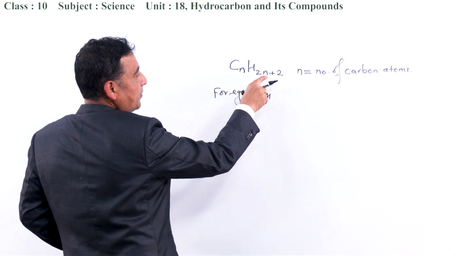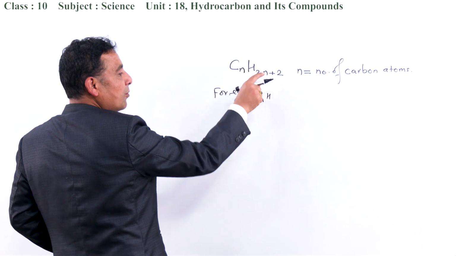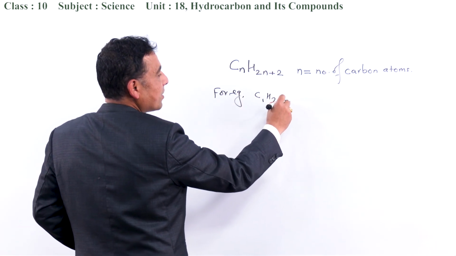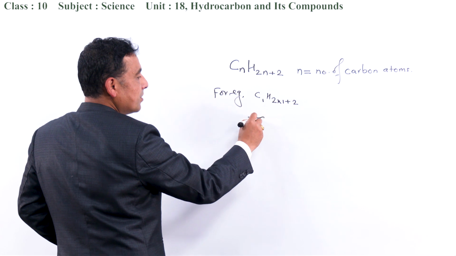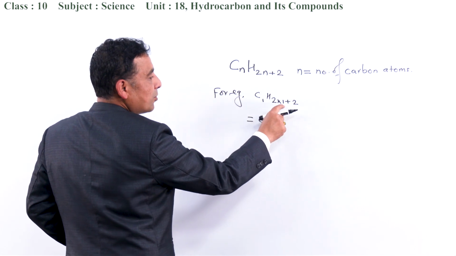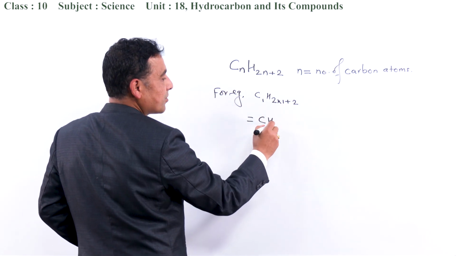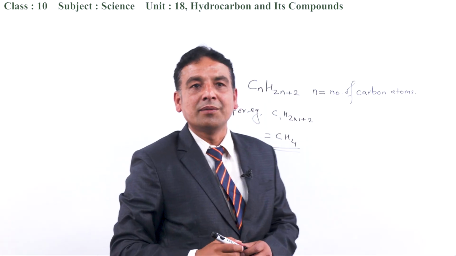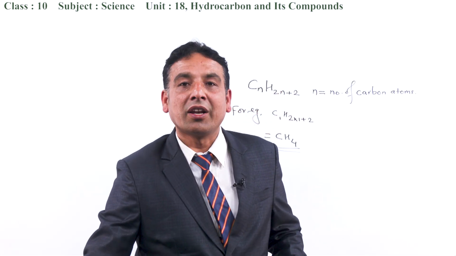Then for H, if you supply the value n=1, you will get 2 into 1 plus 2, which is 2 plus 2, equals CH4. This is the way to write the molecular formula of the alkanes.